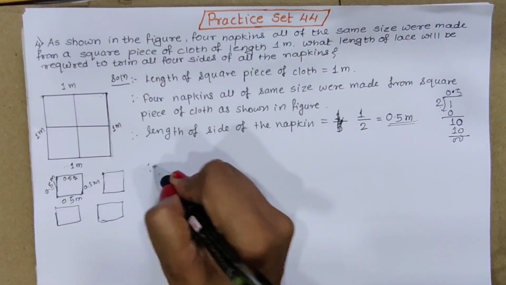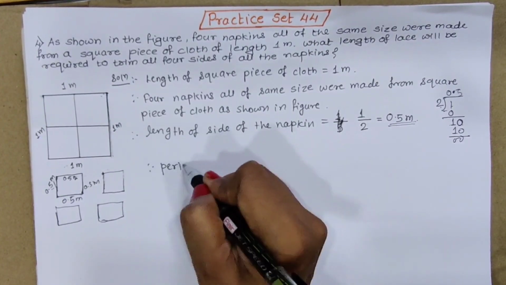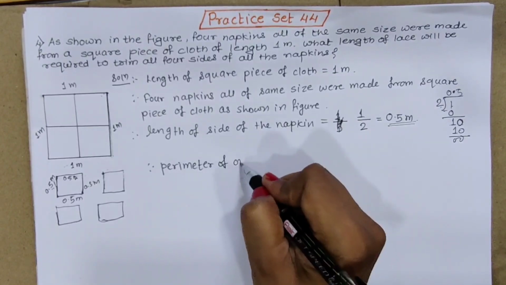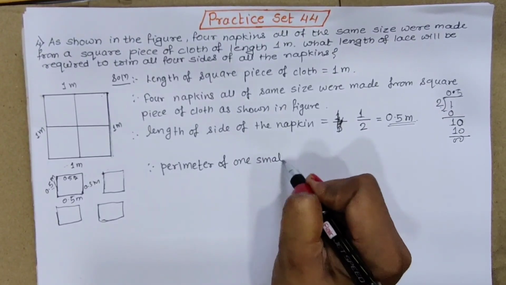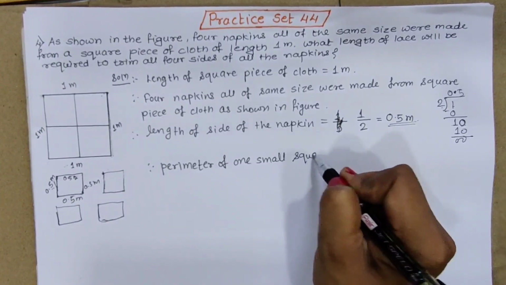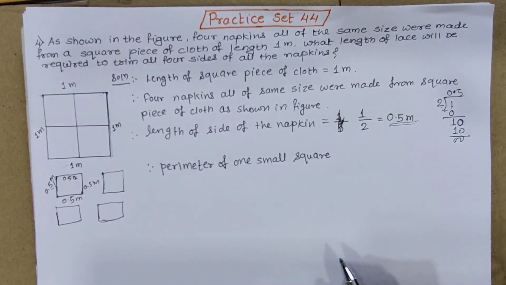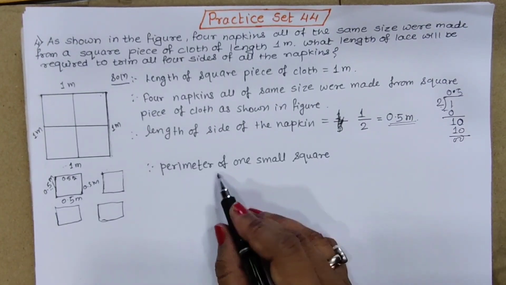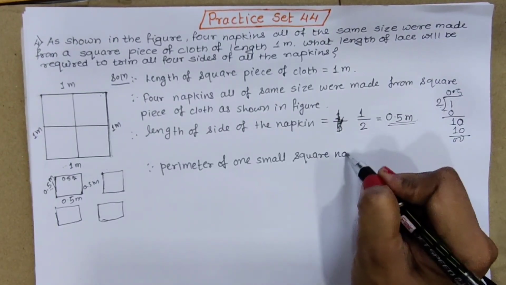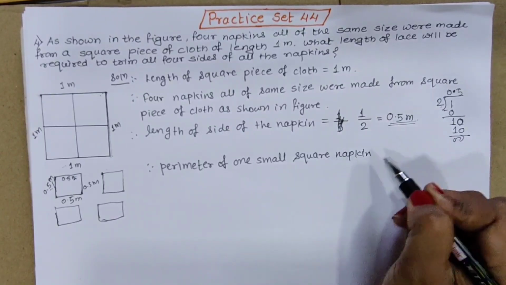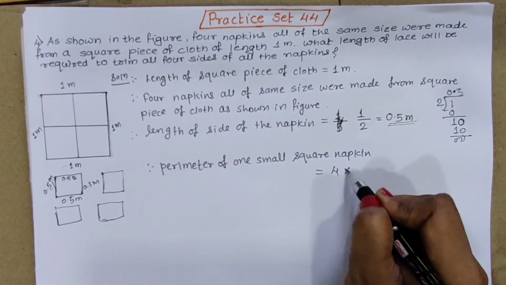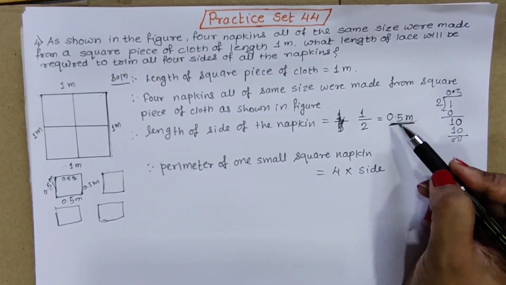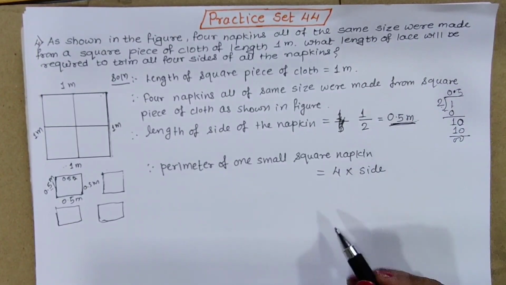So we will write: therefore, perimeter of one small square napkin. The napkins are also square in shape. What is the formula for a square? 4 multiplied by side. As we can see here, the side length is 0.5 for one napkin.